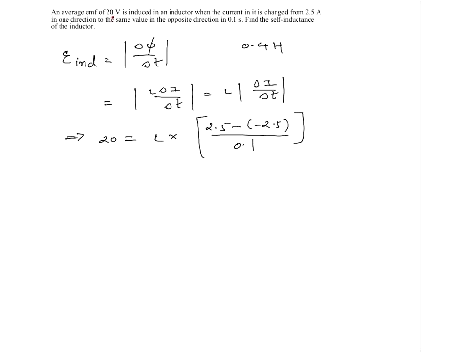Firstly, it is induced average EMF. Average EMF means delta phi by delta t. Phi is Li. Then L delta I by delta t. Delta I, final I minus initial I. If I take final direction of I as positive, 2.5, then initial direction will be minus 2.5.